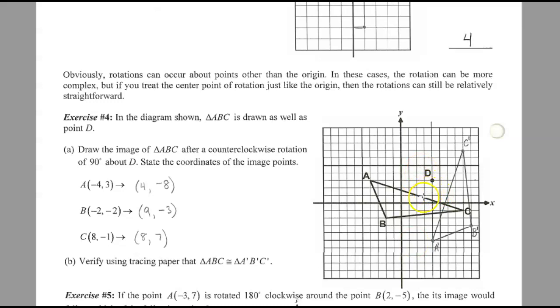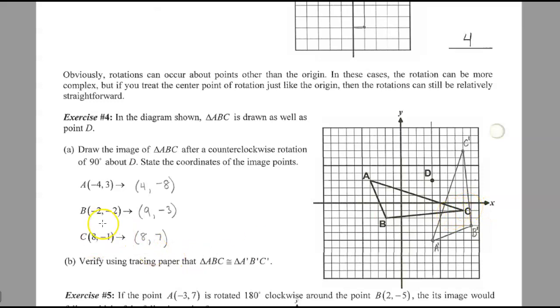So the whole concept of switching numbers holds. It's just that we're not switching the coordinate itself, we're switching the distances from the rotation point. So if it was 6 and 5, it becomes 5 and 6, and it goes to the next quadrant.